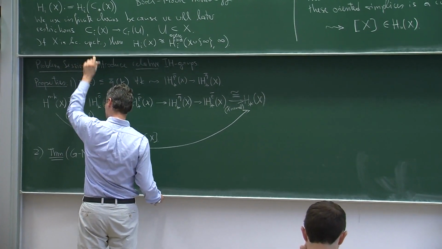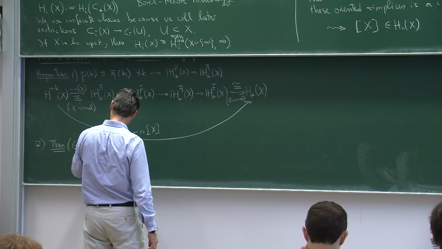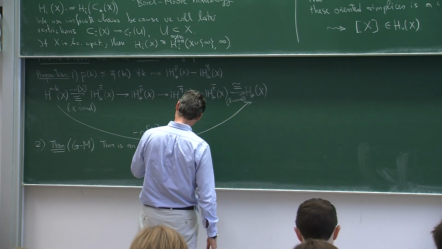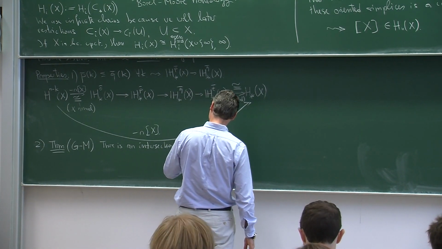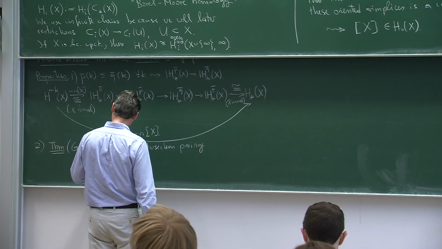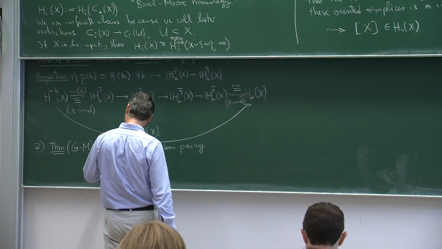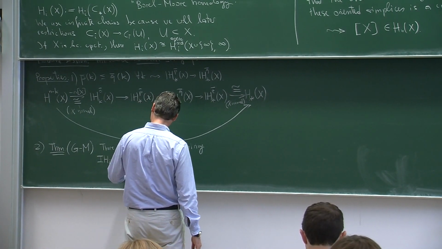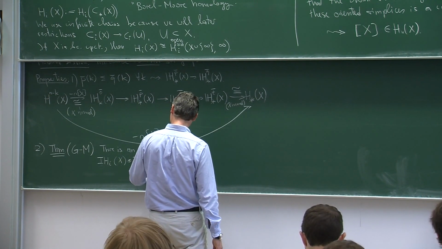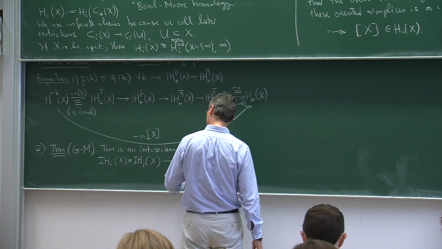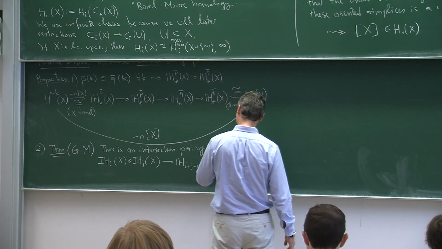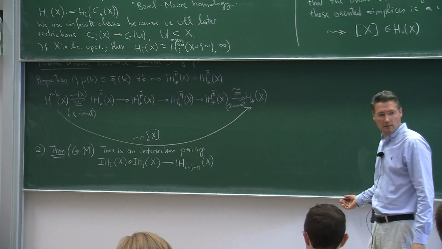So the main theorem, I would say, about this is there is an intersection pairing, but we have to be careful about the perversities.